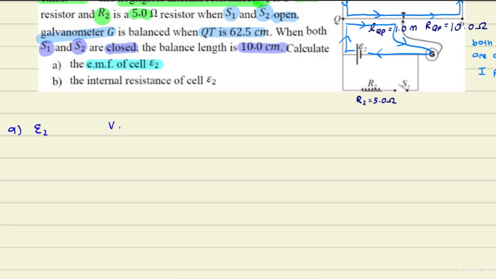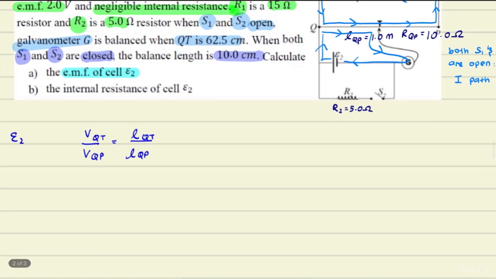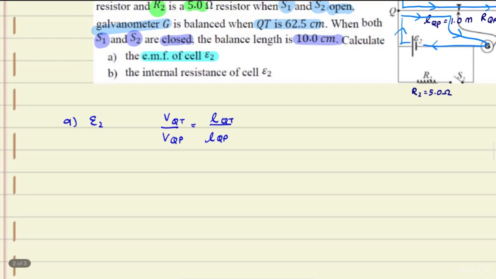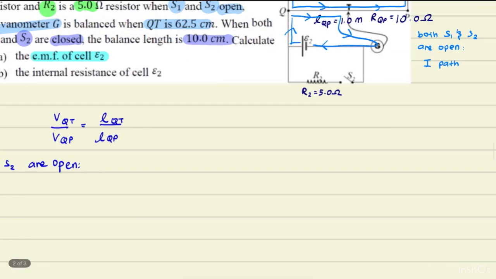We start with VQT over VQP is always equals to length QT over length QP. So, in the question dia sudah bagi, this is the case of if both switch are open. If S1 and S2 are open, apa yang kita tahu?